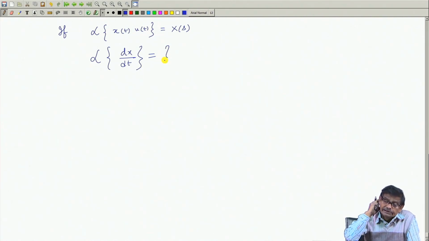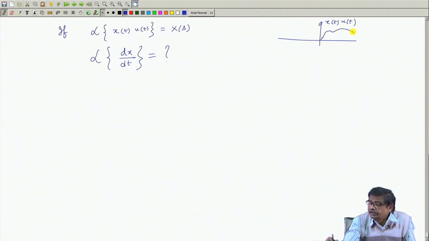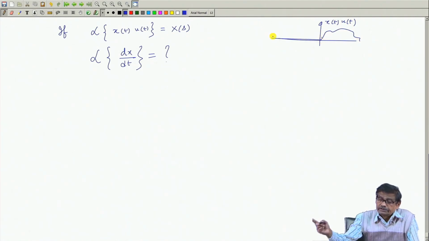Now, as you can see, the Laplace transform of dx/dt of this function. So, here is a function x(t)u(t); if you sketch it, it will have its say only for t greater than 0, for t less than 0 it is 0.